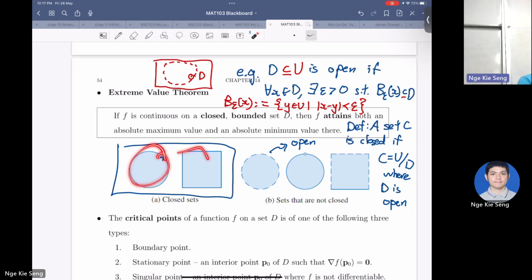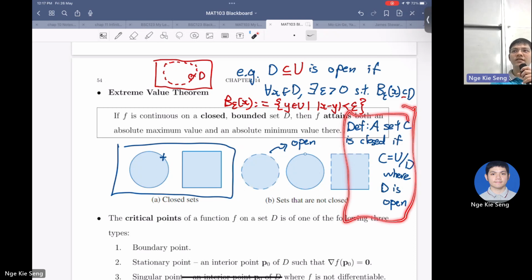So these two are closed shapes. They are just a different shape. In topology, they are the same, really, because you can continuously deform it. B here is not closed, meaning you need to find the negation of this definition of closed. So what's the negation?